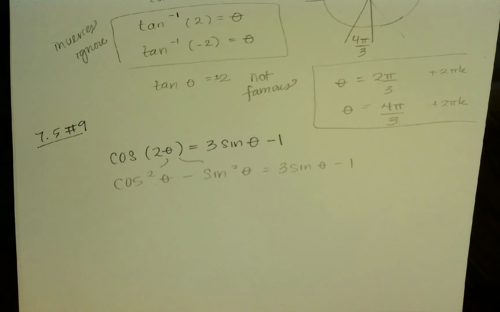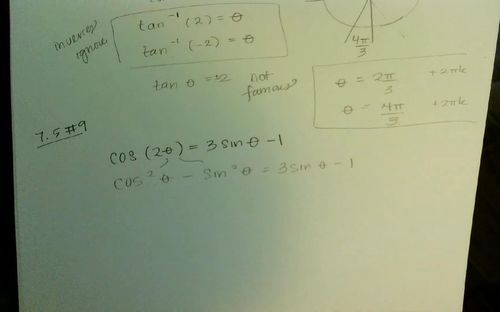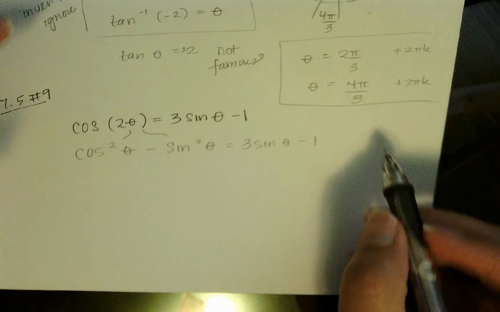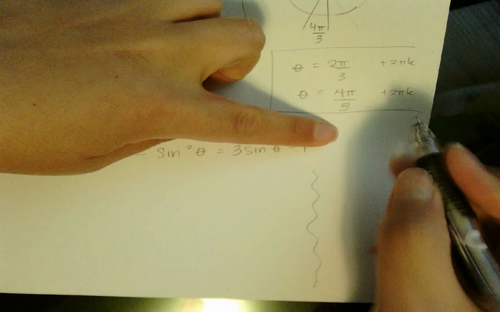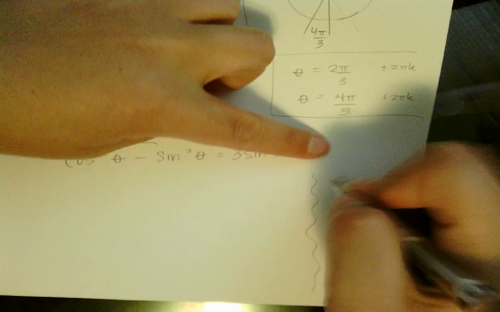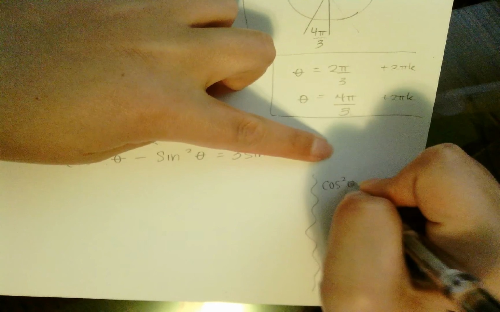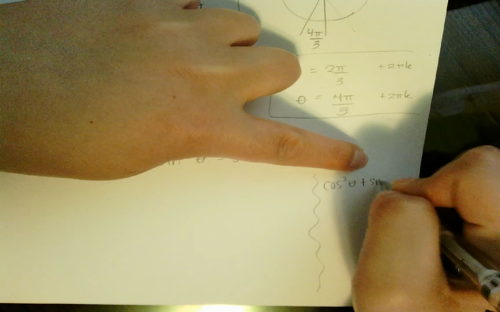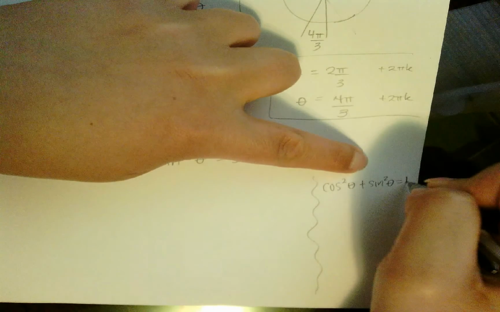Here's the fact that you guys need to know that they want me to show you, even though it's not going to be on the test or the final. Here it is over here. Okay. There's an identity, just like there's an identity. This is the Pythagorean identity. Cosine squared plus sine squared equals 1.